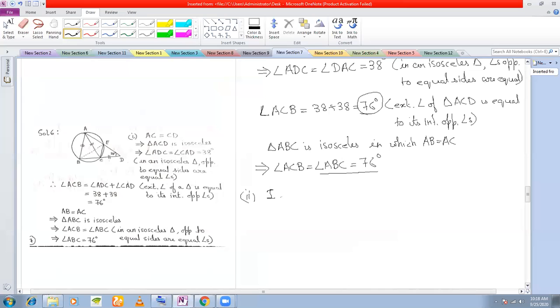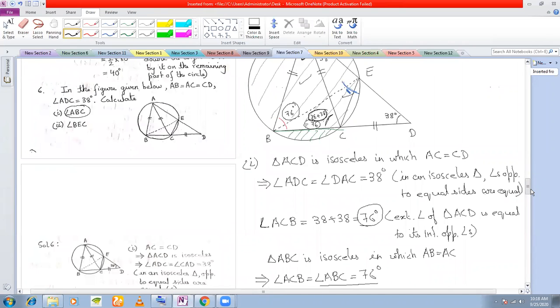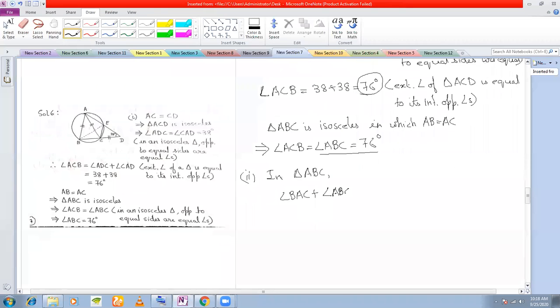In triangle ABC, angle BAC, the unknown angle that we need to calculate, plus angle ABC plus angle ACB is equal to 180, because the sum of interior angles of a triangle is 180 degrees.